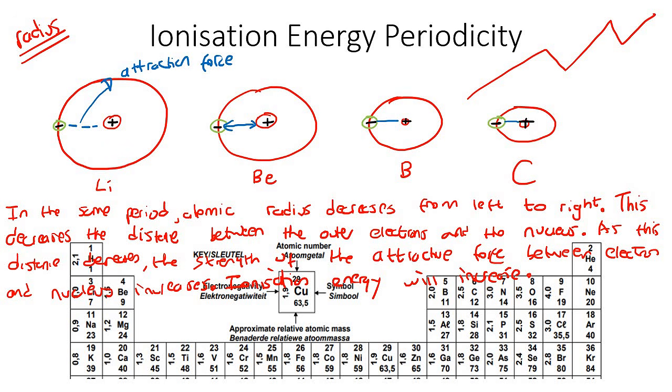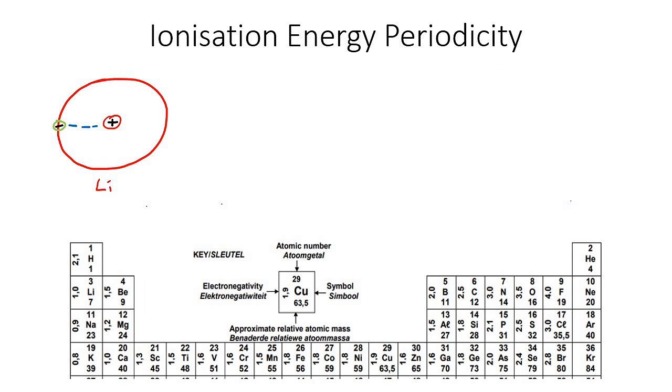So what we're going to look at now is what happens to the ionization energy when you go down a group. So we're going to start with lithium, and then we're going to go down to Na. Now, can you remember, if you had to draw the atom of sodium, it would obviously have its nucleus in the middle, but now Na is in energy level number 3, whereas lithium was in energy level number 2.